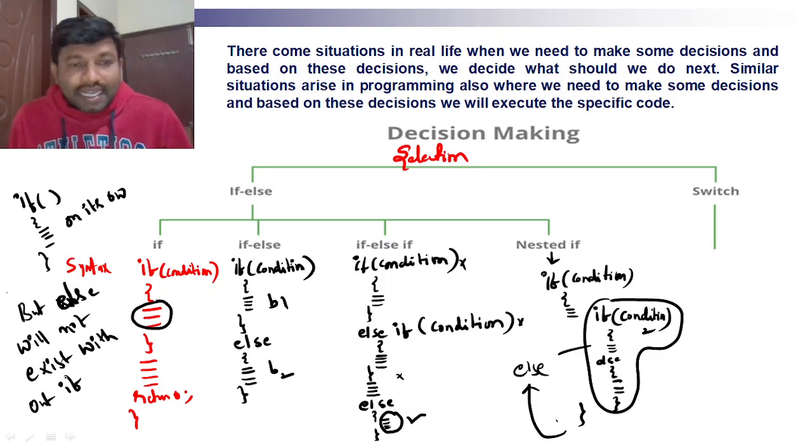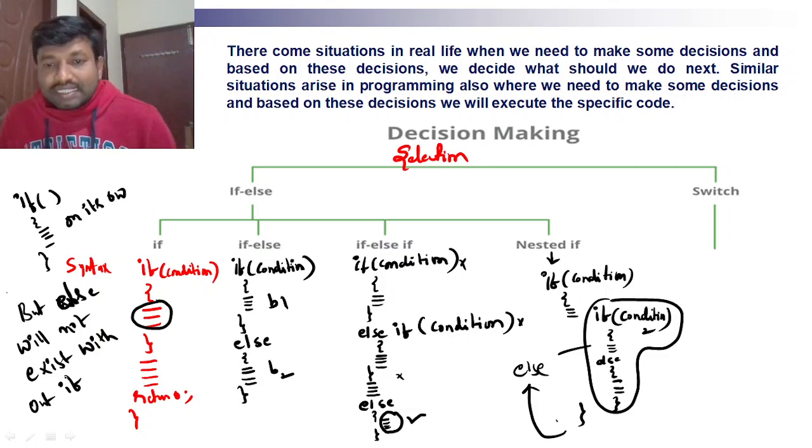So we will see these statements again, one after another, with example programs in the next class. For simple if we do one session, for if else we do one session, for else if ladder we will do one session, and we will try to implement live programs for all these statements in the live session.